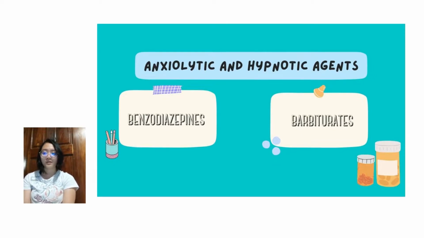An example of benzos is alprazolam, and you can check the module uploaded by Ma'am Sherlyn on Canvas for other drugs. And next, for the barbs or barbiturates, an example would be phenobarbital. You can also check the module.